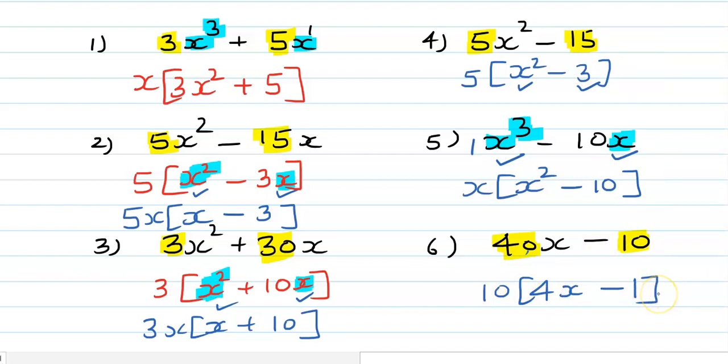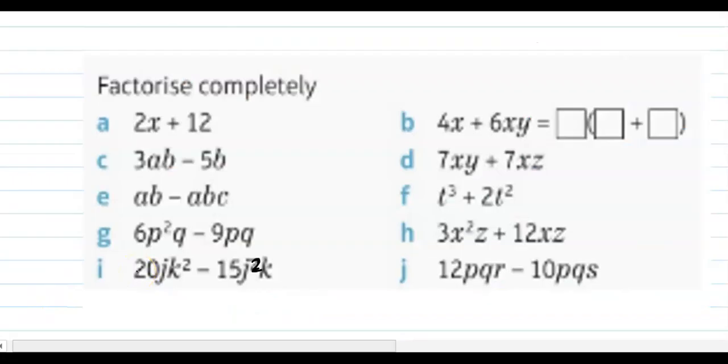Okay, now I'm giving you some extension questions. So if you are okay with this, then you can try the extension questions. Okay, so I'm going to give you now. You can try these questions, here it is 15 in this part, G, and in part I it is J squared, 15J squared K. So you can start doing this question, pause the video and have a go.